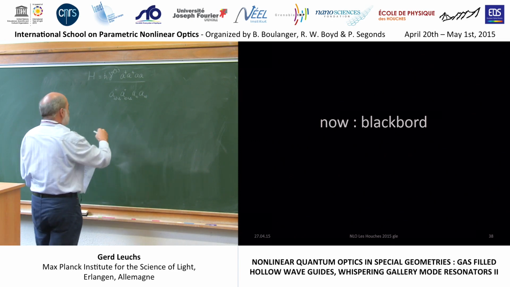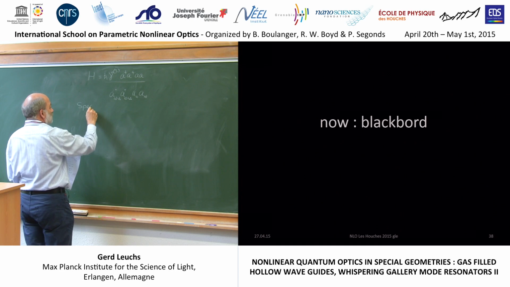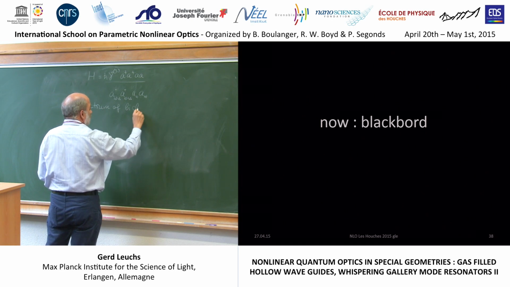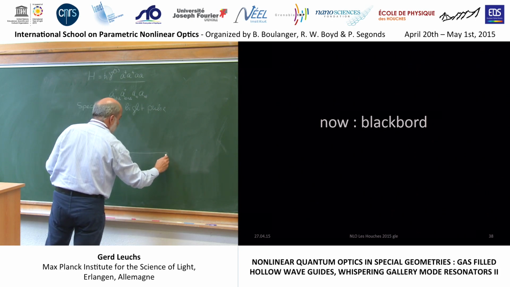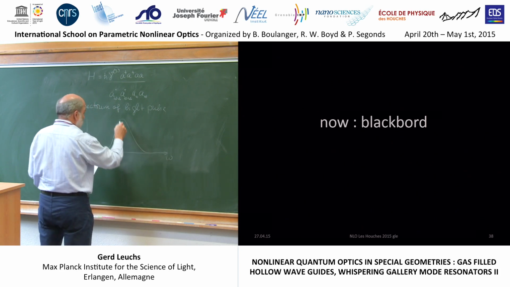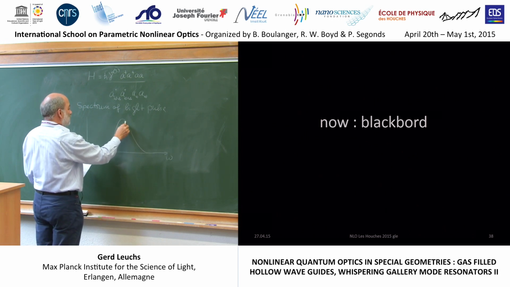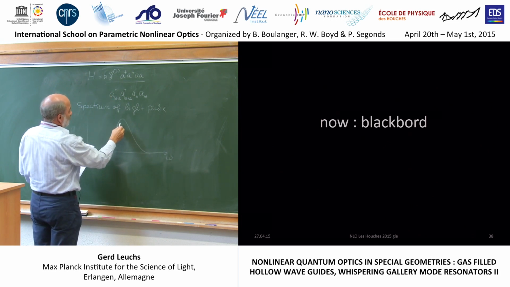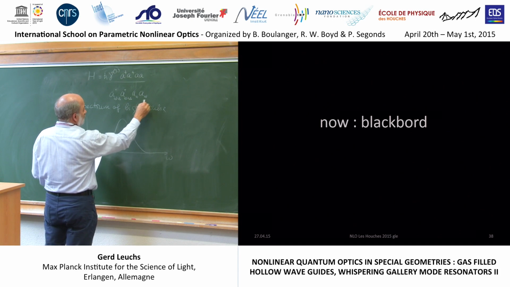So when you do this, you go into the spectrum of the pulse, you look at the spectrum. So let's say the pulse looks like this. Here in the center is the highest intensity, so the largest nonlinearity. So it would typically take 2 photons.